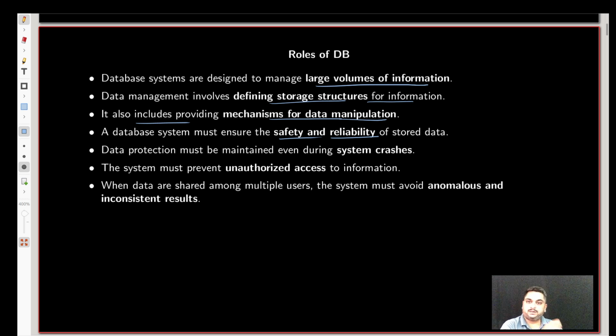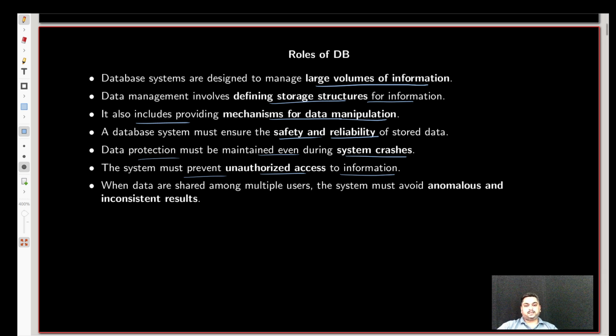Reliability means that when you store the data, it should be reliable and durable. Data protection must be maintained even during system crashes. If there is a system crash, the data has to be protected and safe. The system must prevent unauthorized access to your information, so it should also provide security. That means no person who is not authorized should be able to access your data.